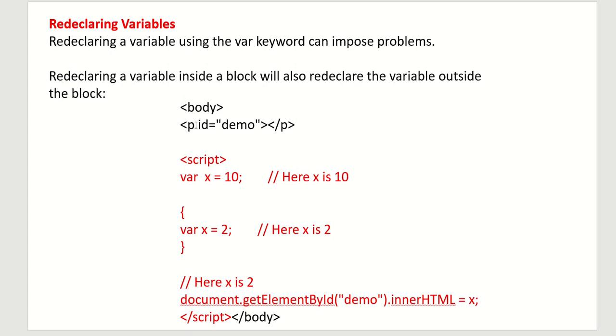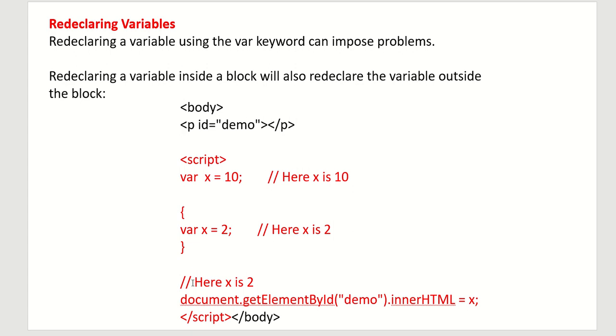In the body section, we have one paragraph where we are going to display our output or that value. Script, and then var x equal to 10. So at this point x is equal to 10. Then we have an opening bracket, then var x equal to 2. That means at this point x is 2. Then a closing bracket.